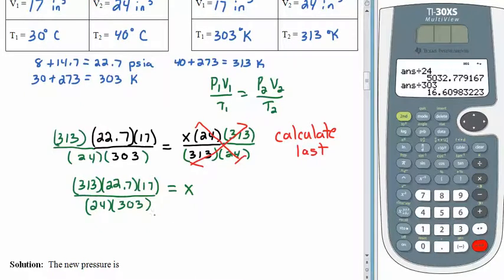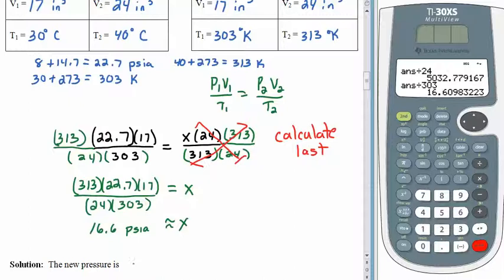So our x, we're going to have to do a little rounding. X is about 16.6 psia, because remember, we get everything here in absolute terms. So the new pressure, we should probably turn it back into a gauge pressure because that's the way it was given to us.